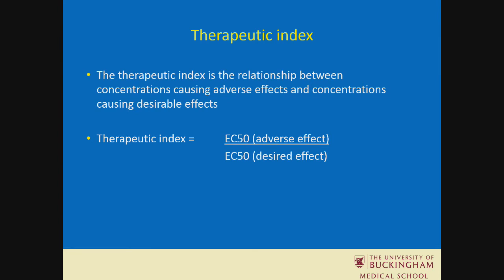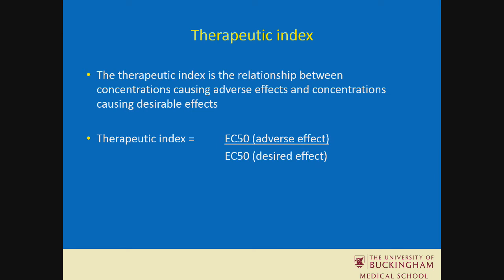Really, one of the things as you go on from here is that the therapeutic index is a particularly important measure for you to have in mind. It is the dose that causes the adverse effect, whether it's, I don't know, sweating or nausea or something, over the desired effect, which could be blood pressure lowering or an anti-cancer effect.